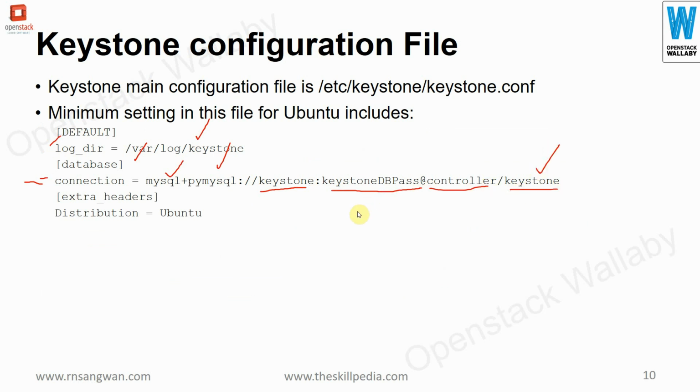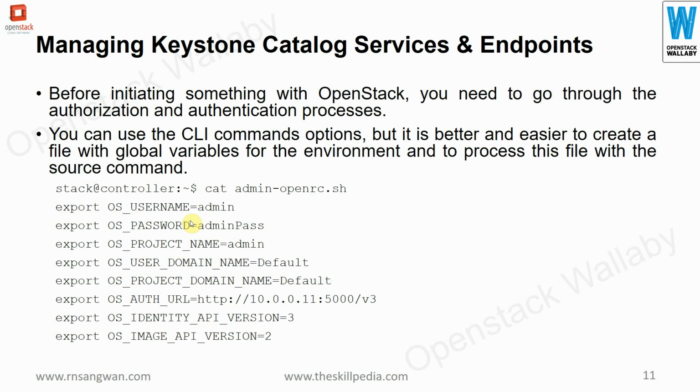So this is the database Keystone located here, and this is the password. So this is the complete connection detail, and then extra headers for distribution, like operating system. We are using Ubuntu, so you will find the distribution is Ubuntu. These are key components in the configuration file keystone.conf.